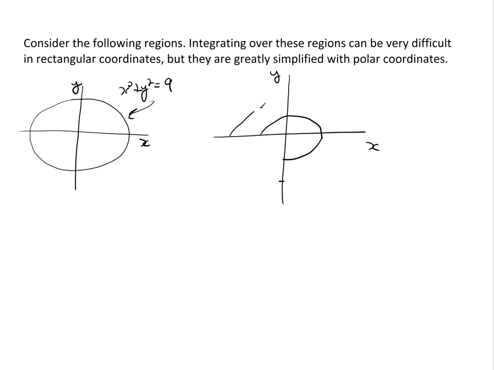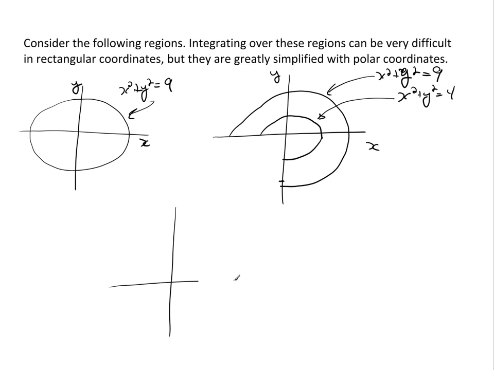And then maybe out here like this, where this is maybe x squared plus y squared equals 4, and this outside one is maybe x squared plus y squared equals 9. This would be pretty tough to do in rectangular coordinates. You could do it, but it would be kind of tough.